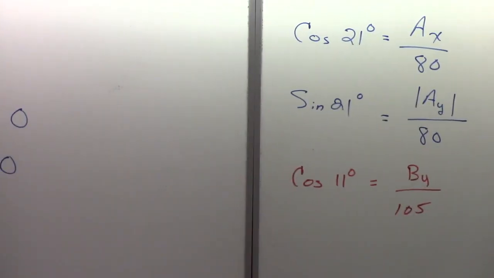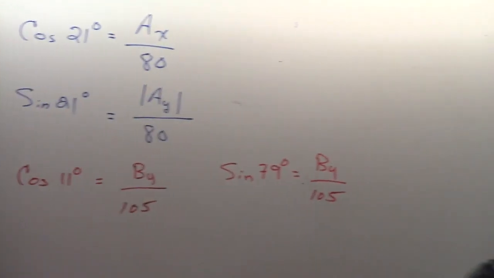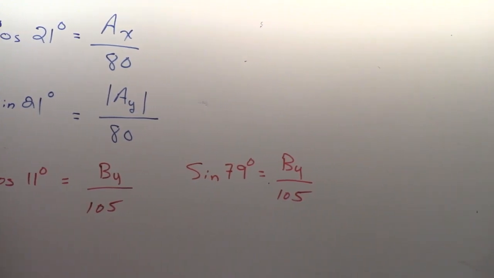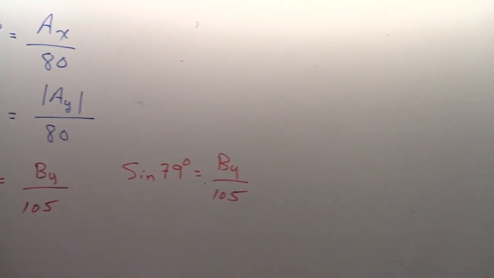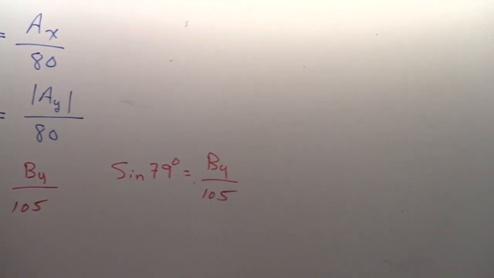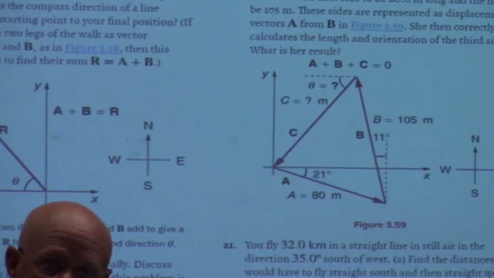And yes, the y component is what you get if you measure from the x-axis. So if you want to switch it and measure from the x-axis, you got to use the 79 degrees. Then you can use the sine function to get the y component. They're going to reverse because they're complementary functions if you start measuring from the y-axis.